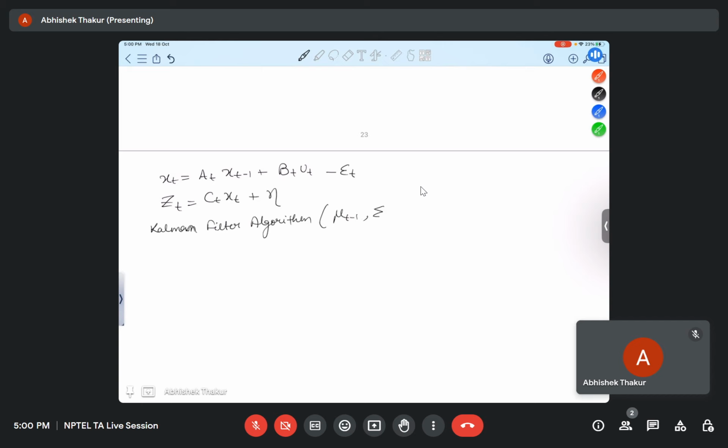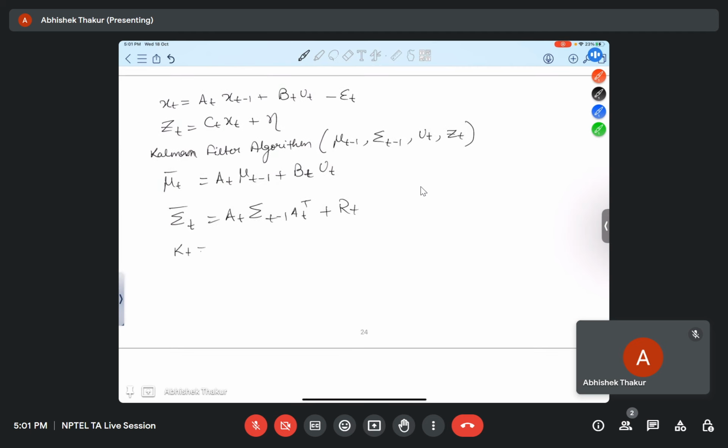The inputs are mu t minus 1, sigma t minus 1, ut and zt. ut is the action, zt is the measurement. So mu bar t is given as At mu of t minus 1 plus Bt ut. Covariance matrix sigma bar t is equal to At sigma of t minus 1 At transpose plus Rt.